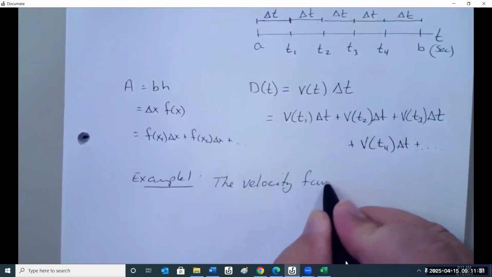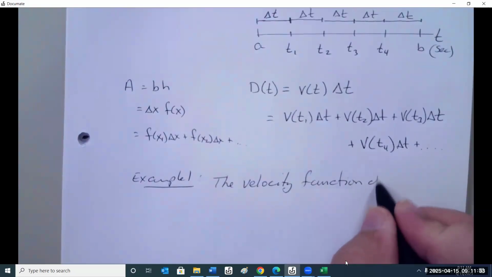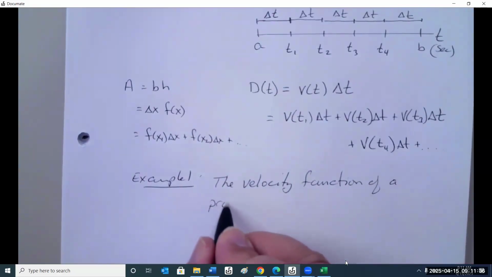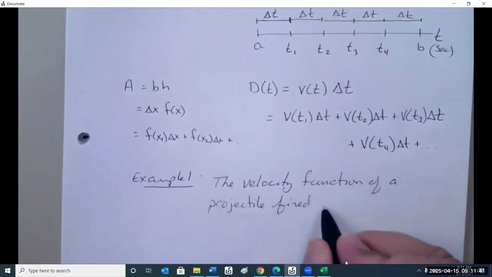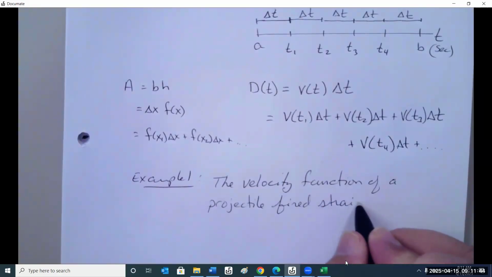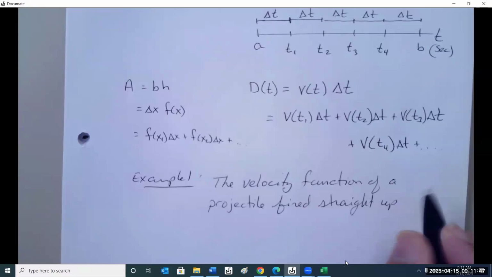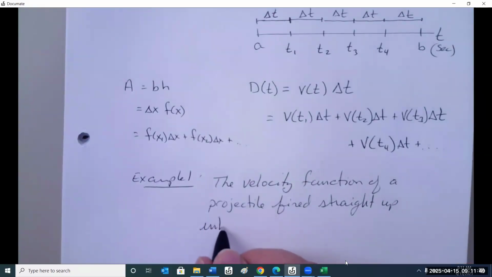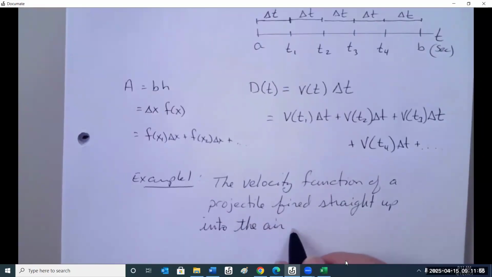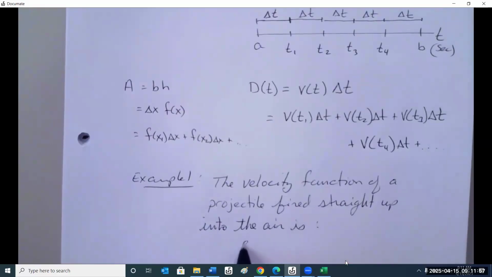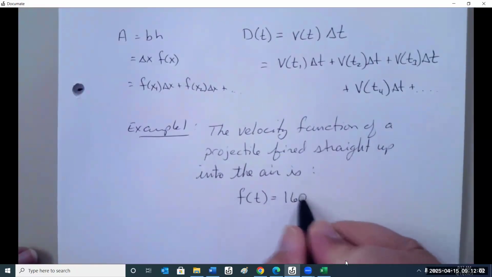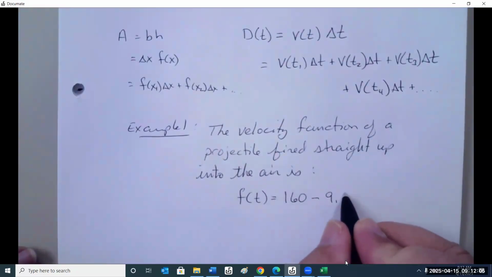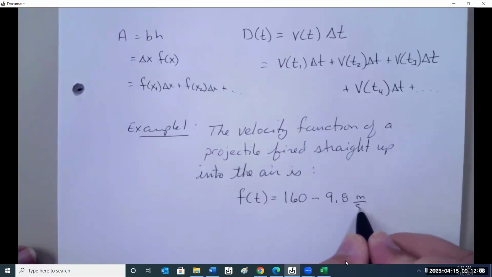The velocity function of a projectile fired straight up into the air is given by f of t, because it's time, 160 minus 9.8t meters per second.